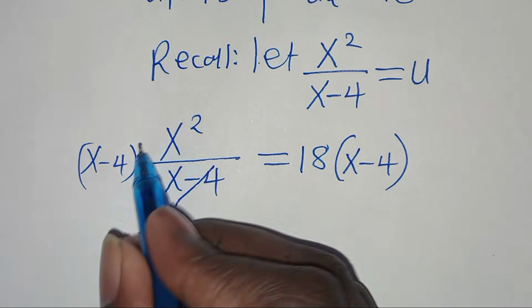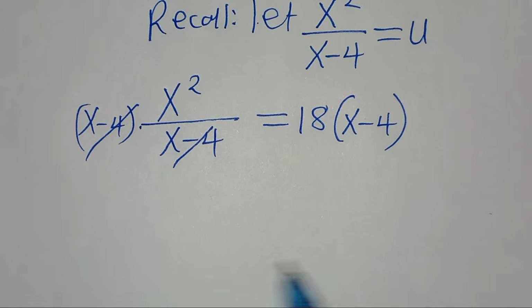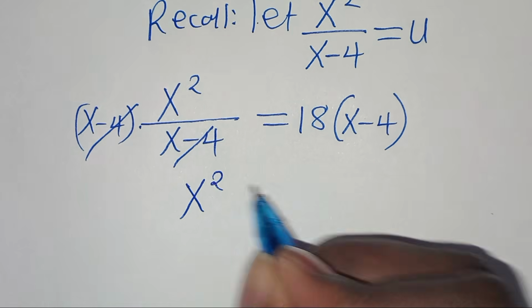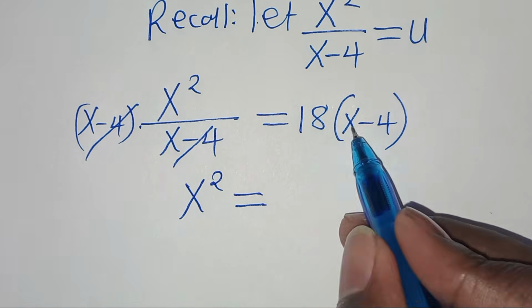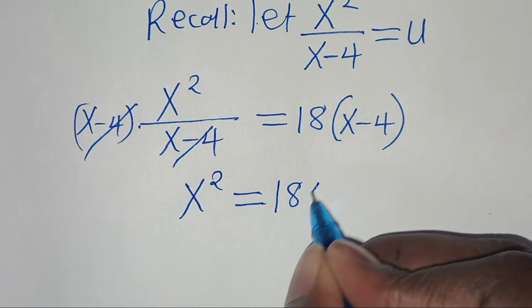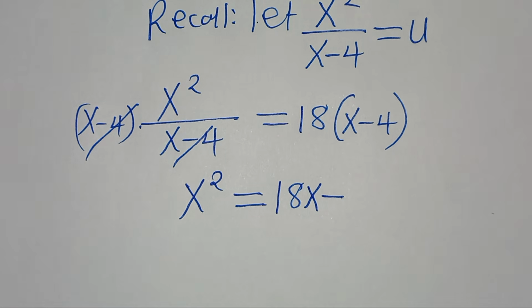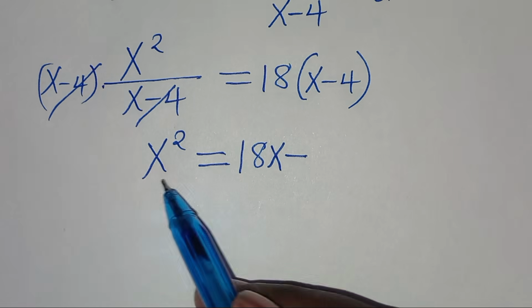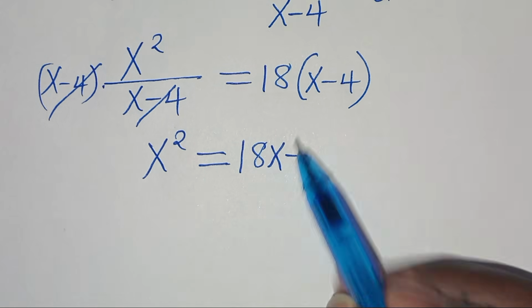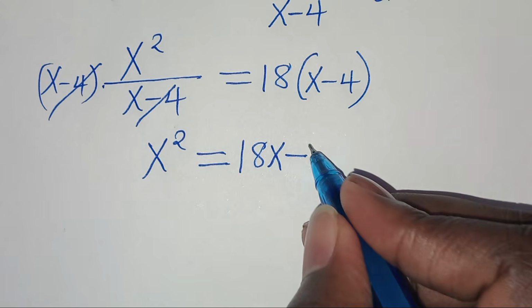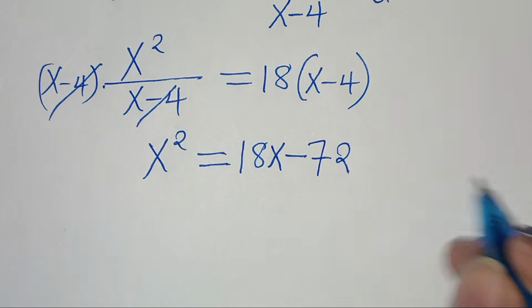Let's simplify here. This means that we have x squared equal to 18 times x, which is 18x, minus 18 times 4, which is minus 72.